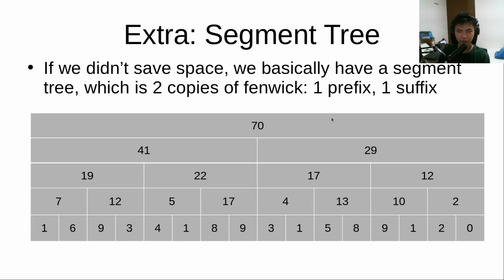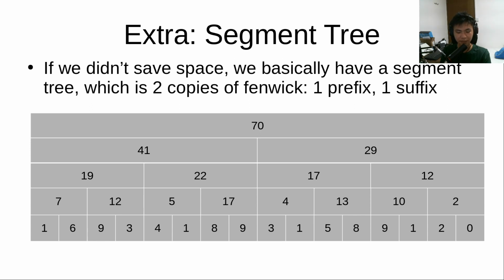Another extra fact is that previously we saw this segment tree, which roughly speaking is 2 copies of a Fenwick tree. A Fenwick tree is nice because it allows you to do prefix sums, but it is not nice for mathematical operations that do not have an inverse, such as minimum or maximum, because you cannot convert a prefix query to a range query by taking the negation.